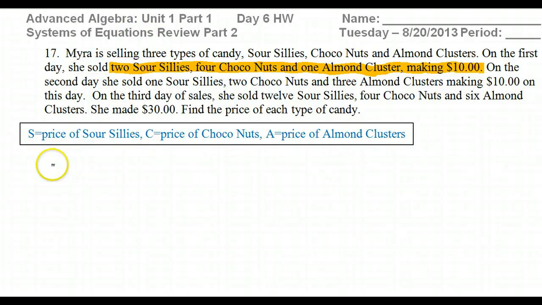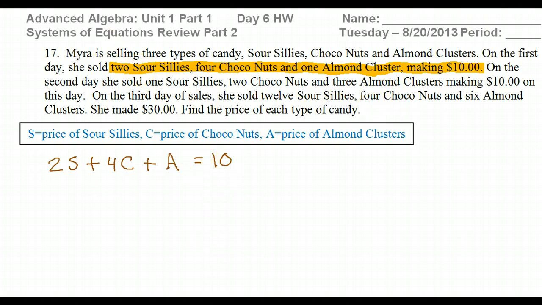Okay, so 2 sour sillies, 4 choco nuts, and 1 almond cluster. Total money is $10. Okay, this makes sense because S, C, and A are the price of each candy. So 2 times this amount of money, 4 of this amount of money, plus this amount of money. It's all money, and this should be a total of $10.